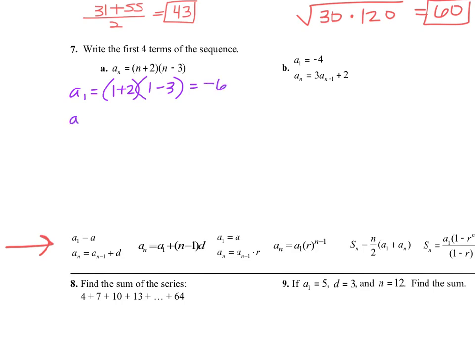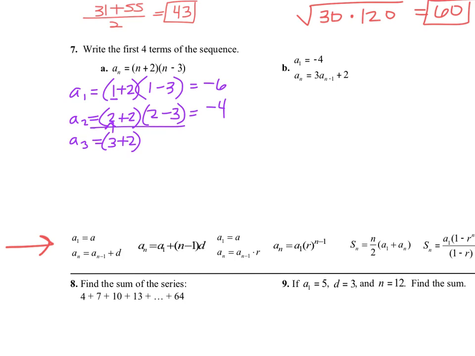Now on your calculator, hit second entry and just turn this number into a 2 and this number into a 2, and then hit enter again, and you should get -4. Okay, do the same thing for your third term. You're going to plug a 3 in here, second entry, right?